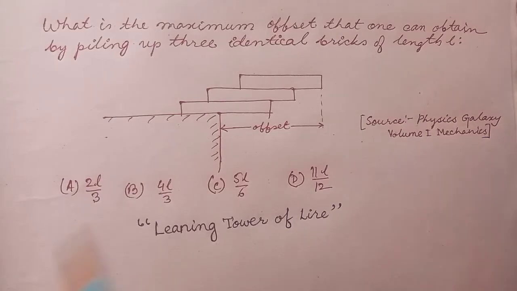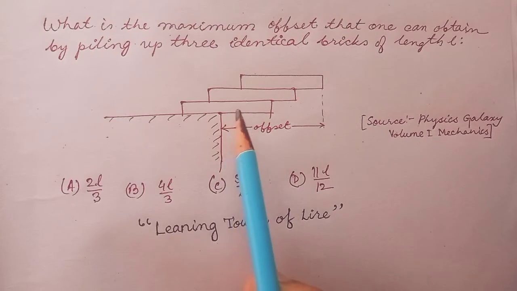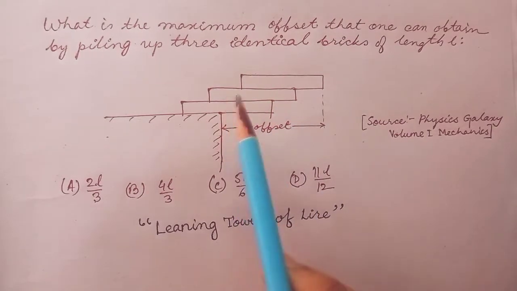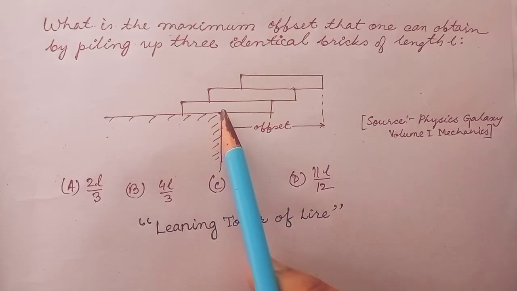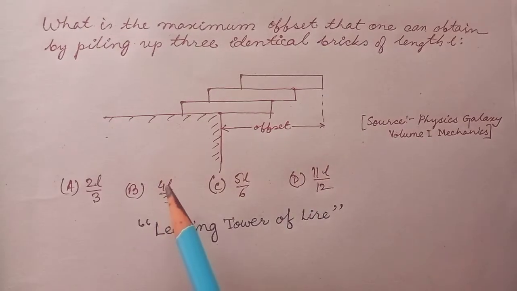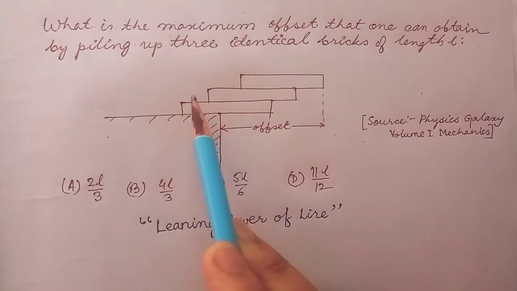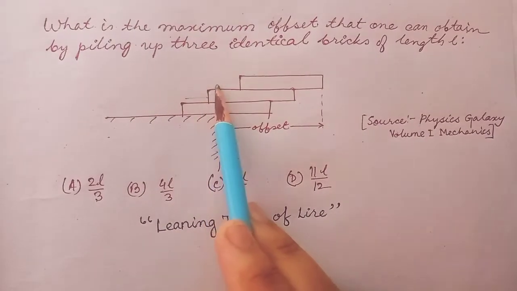For example, if you see this diagram properly, we want to balance this whole system, so we want to ensure that it does not topple. Many might think that these lengths are given equal.